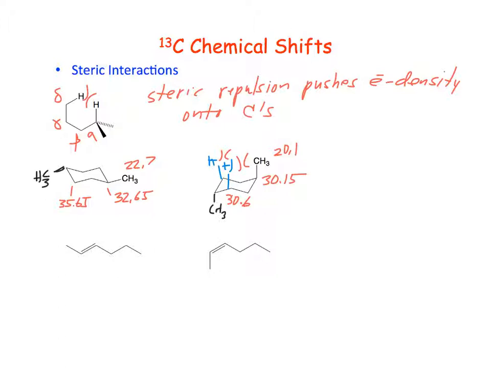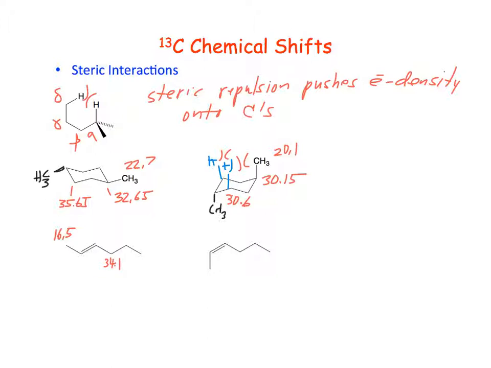So in these cases, to really use some of this, you'd probably have to have two compounds to compare with each other. But a good place that you can use this is on cis or trans double bonds. We know we can look at the proton couplings, but we can also look at the C13 chemical shifts. If this is trans, this methyl group is at 16.5, and this CH2 is 34.1.